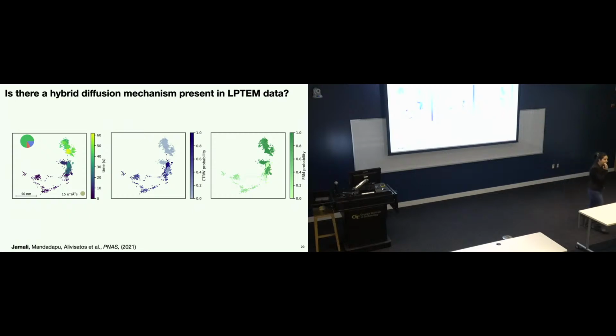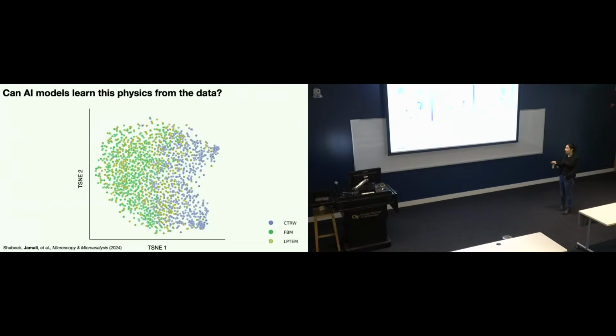But then the question is: is it really a mixture of these phenomena, or is it something of its own, for which we don't have any closed form equation? The clue is that if we embed all of our trajectories and all of the simulated trajectories, of which we can simulate an unlimited amount, into a low dimensional space using t-SNE, or similar to UMAP, or PCA, anything that you want to do, what you will see is that the CTRW ones are clustered at one point, the fractional Brownian ones are clustered at another point, but the liquid phase TEM data is all over the place.